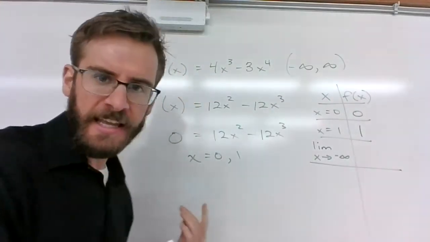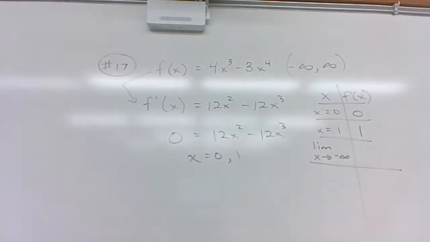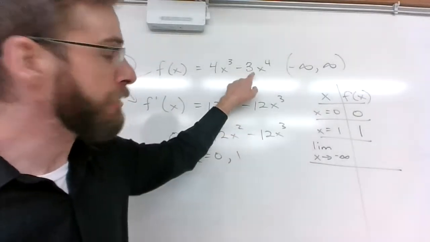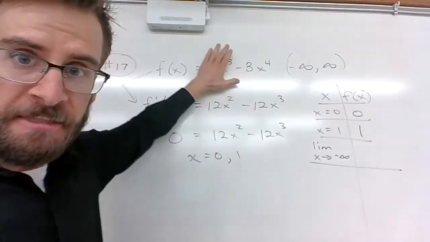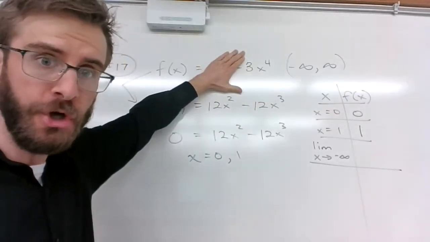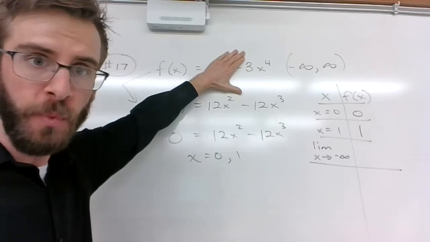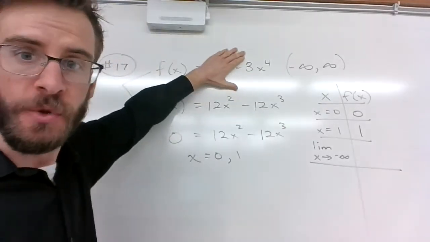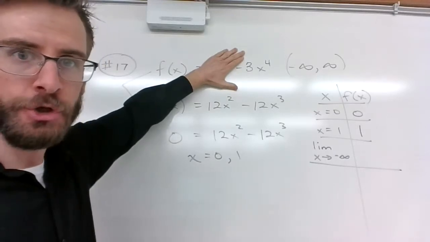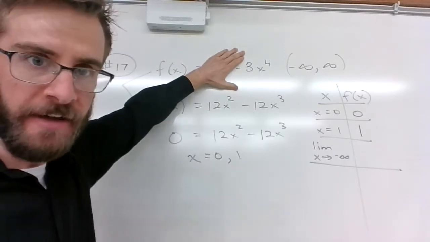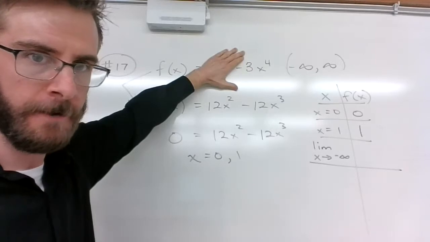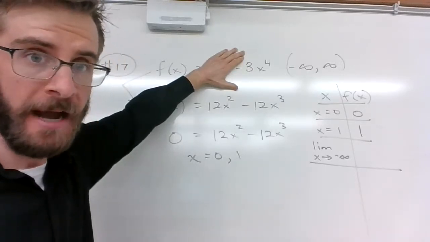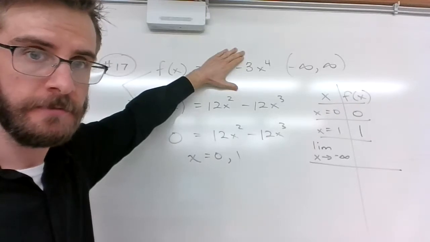So what we're saying is the negative 3x to the 4th bears pretty much all the weight of what this function's y values will be at both positive and negative infinity. When you plug in negative infinity, you're taking that value of x to the 4th power. What does taking a negative number to an even power result in?